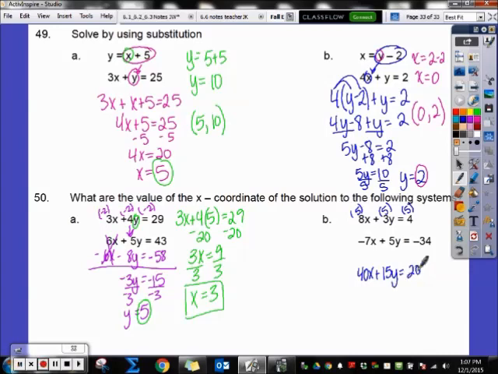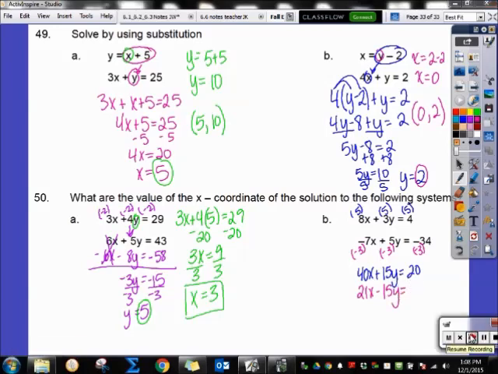Second equation, I need this to be a negative 15, so I'm going to multiply through by negative 3. So that's going to be 21x minus 15y equals 102. I've got my opposites.